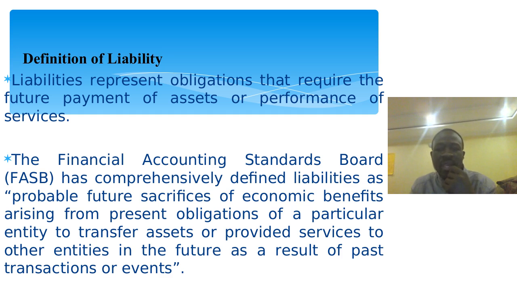We may define a liability in two ways. One is that liabilities represent obligations that require future payment of assets or performance of services, and the Financial Accounting Standards Board has also defined liabilities as probable future sacrifices of economic benefits that arise from present obligations of a particular entity to transfer assets or provide services.